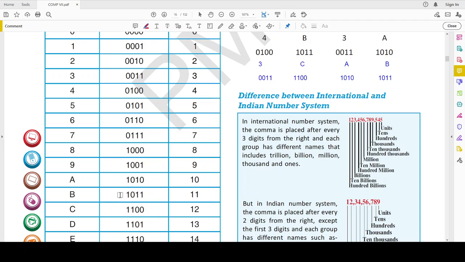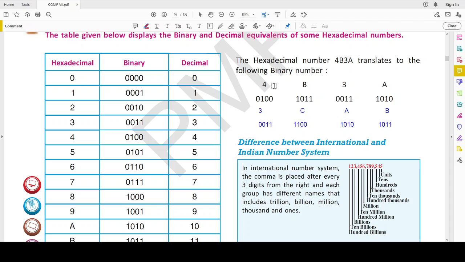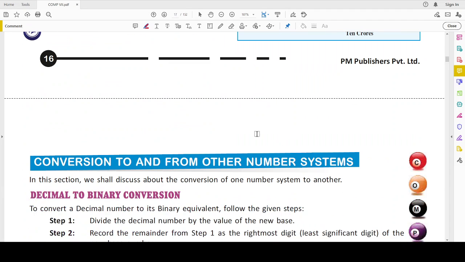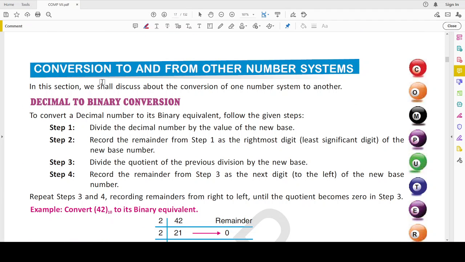B is 1011. Like that. So you can convert a hexadecimal number very easily to a binary number. Okay, so that is why it is used in computer arithmetic.